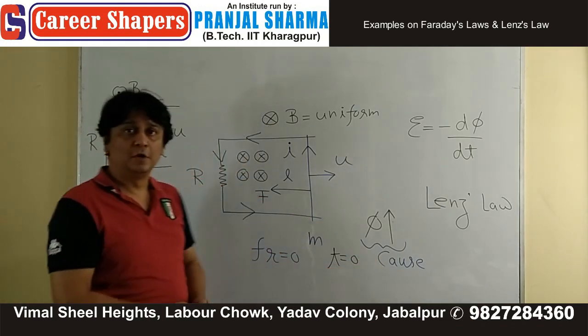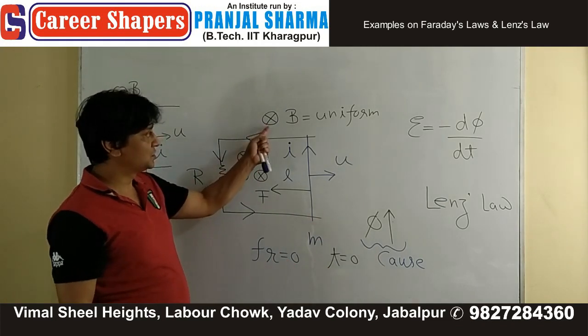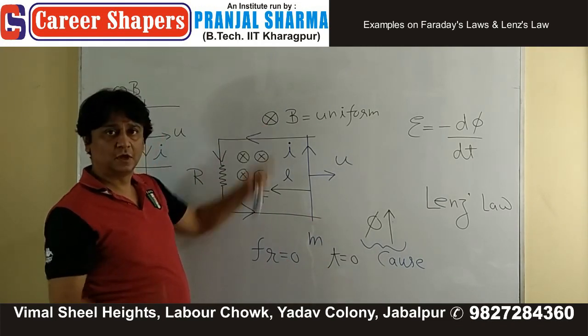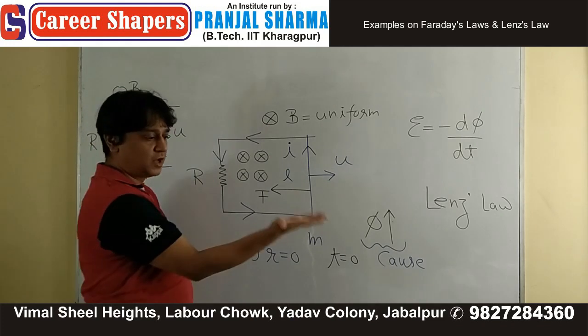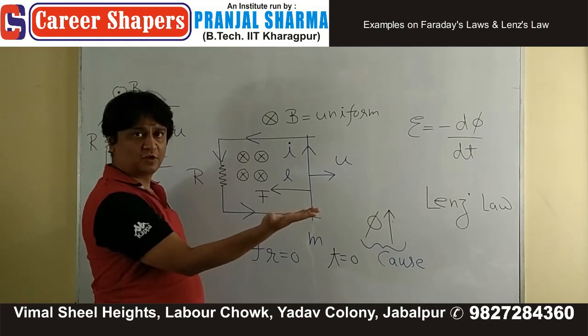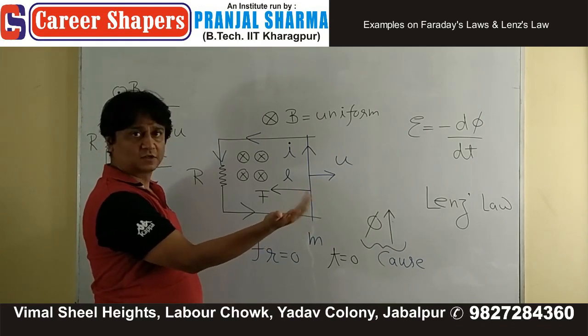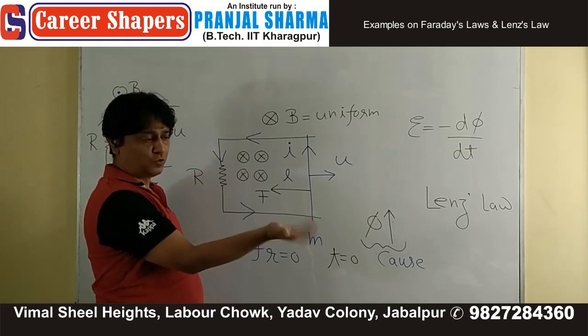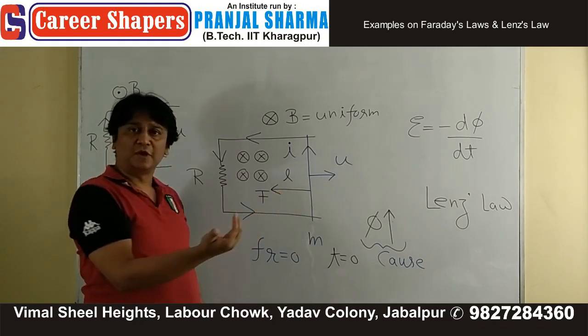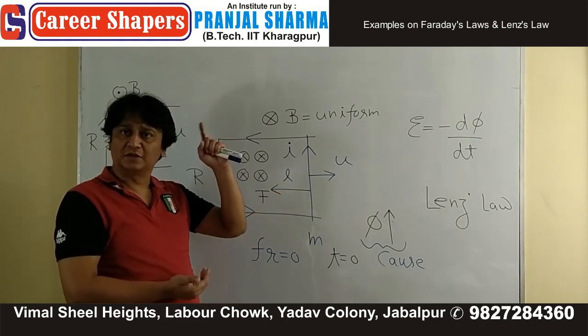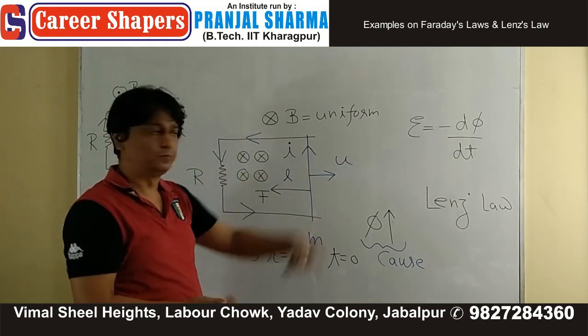It only means you are opposing the cause. Now how do you produce a magnetic field which is opposite to this? Right hand, thumb gives the direction of magnetic field, and fingers, when you curl them, when you fold them like this, that is the direction of current. This is coming from magnetic field of a circular ring, closed loop.